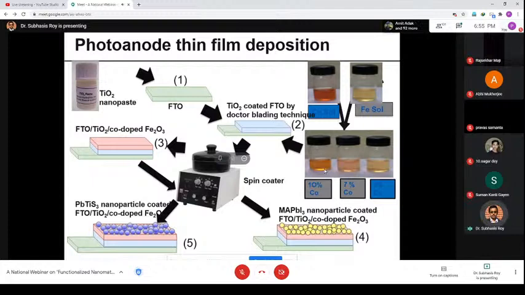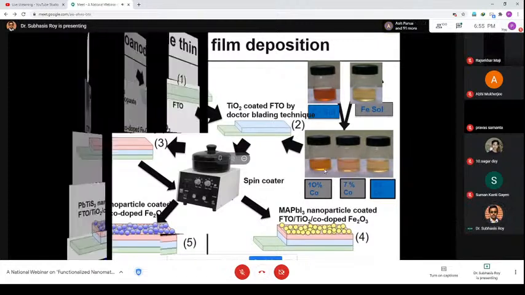Then on top of the surface, we deposited by spin coating techniques this Co sol and Fe sol, and finally for surface modification, we coated on top of this the two perovskite materials. This is the actual working electrode we used for water splitting applications.